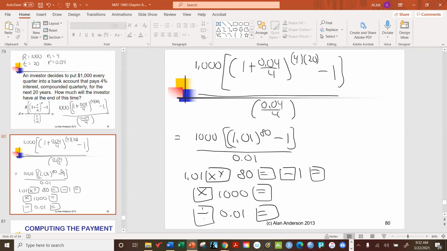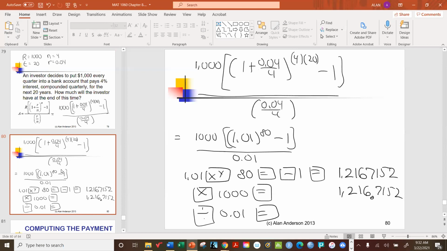So in the numerator, in the brackets, 1.01 raised to the 80th power minus 1 is approximately 1.2167152. Multiplying that by 1,000 gives us 1216.7152.